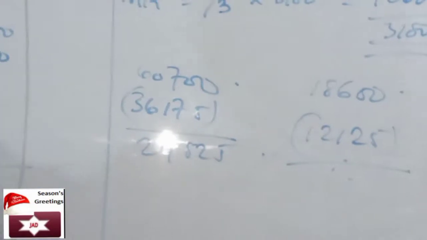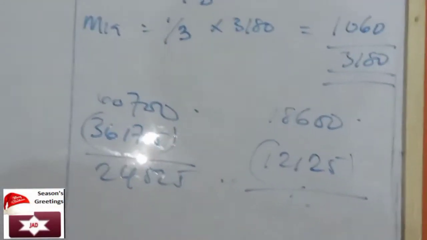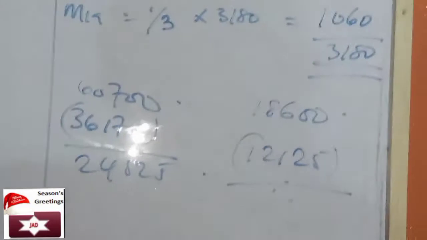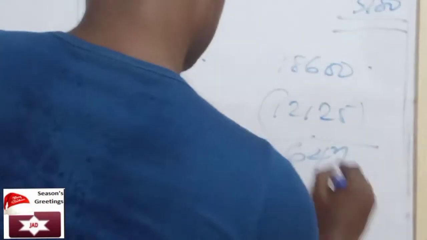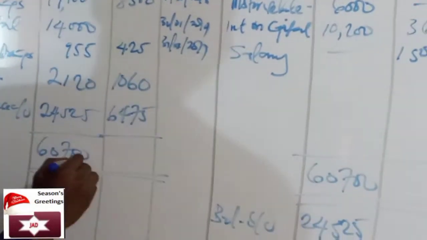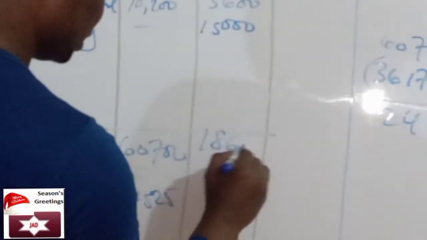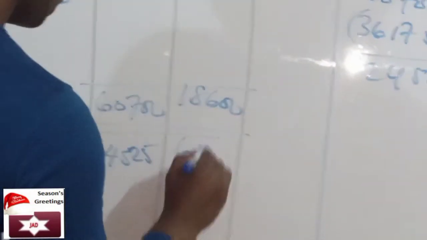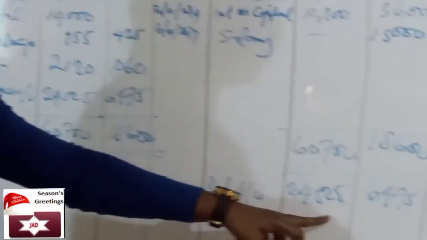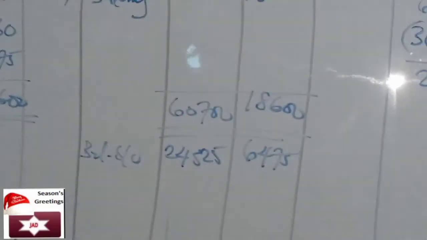The difference is 6,475, the balance to give us 18,600. So at the end of the year, Liam has a credit balance of 24,525 and Mia has a credit balance of 6,475, all in dollars.